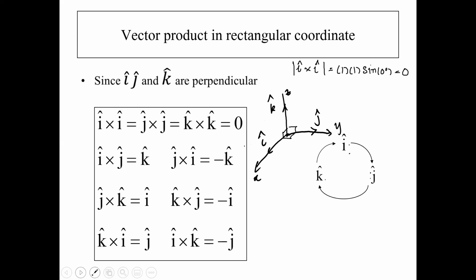It is the same for the other pairs. So when you're doing a direct multiplication or cross product between A and B, you will get 9 terms. Out of the 9, 3 of them will become 0 because they are pointing in the same direction. The remaining 6 terms are still intact. And the way to remember that is to remember i, j, and k making a cyclic order.